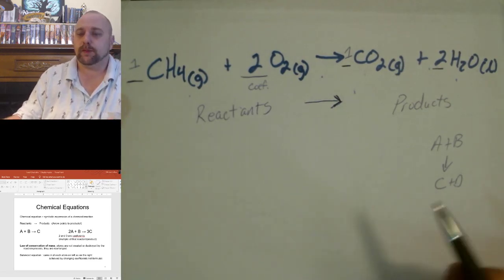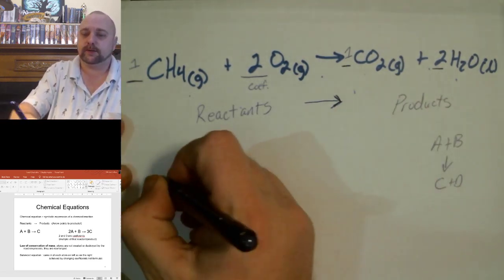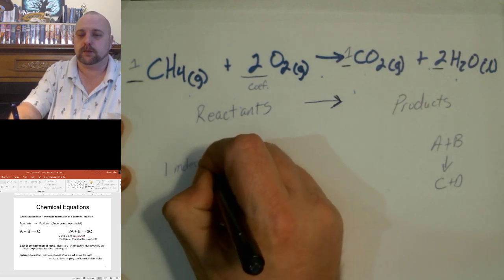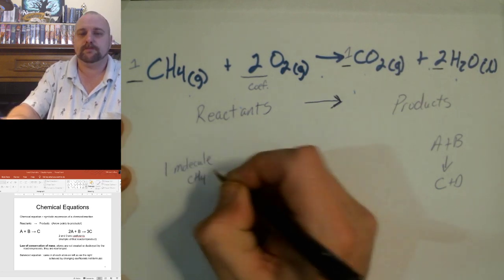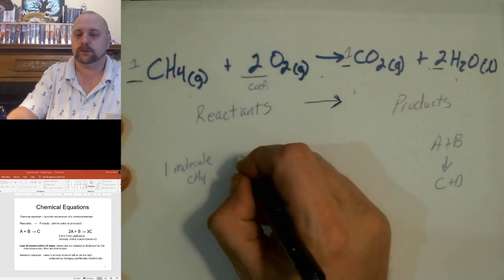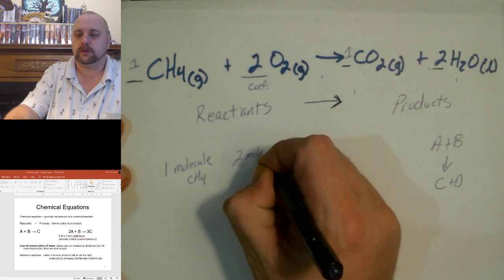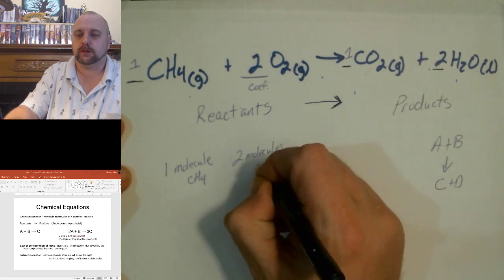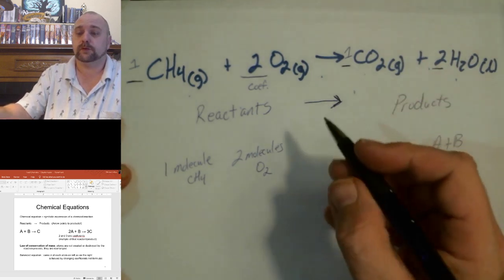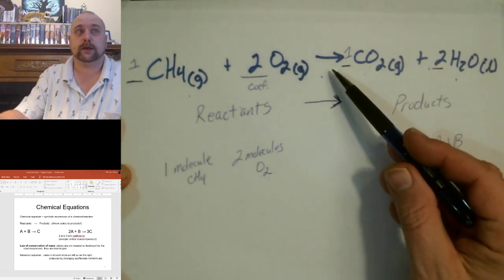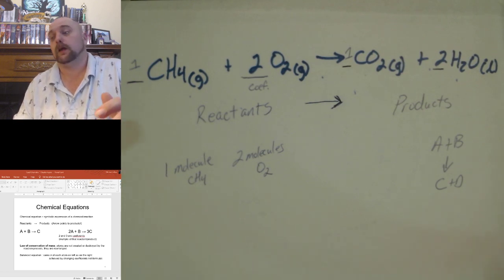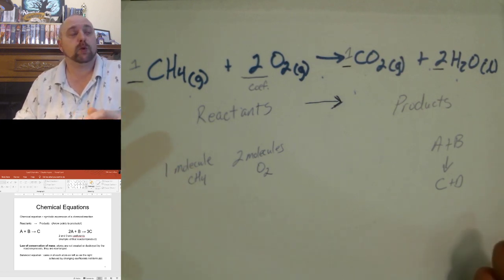Alright. What this is saying is that if I take one molecule of CH4 and react it with 2 molecules of O2, it will produce or yield or make, so the arrow can be produce, yield, or make, 1 molecule of CO2 and 2 molecules of water.